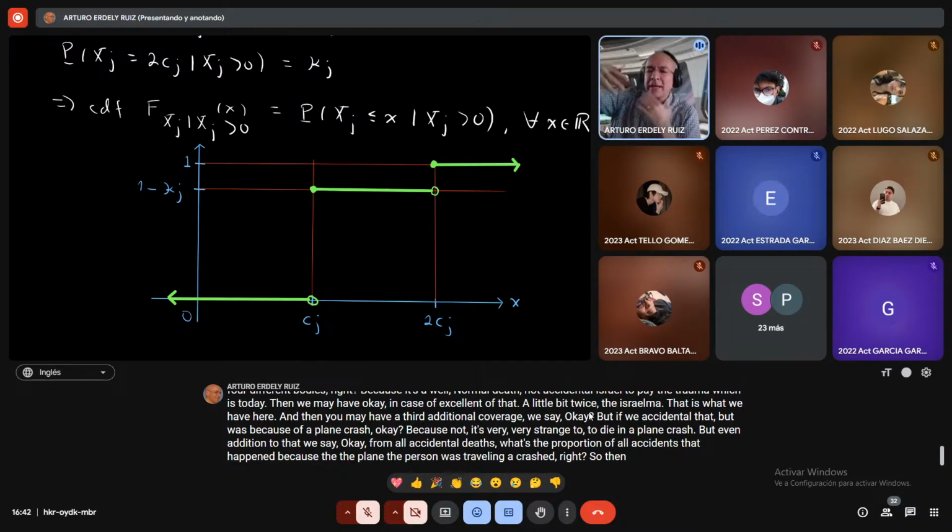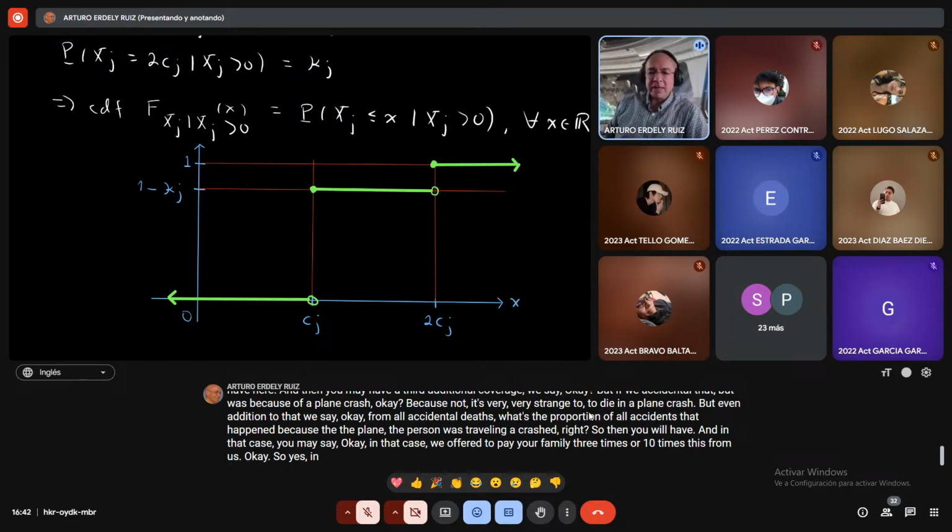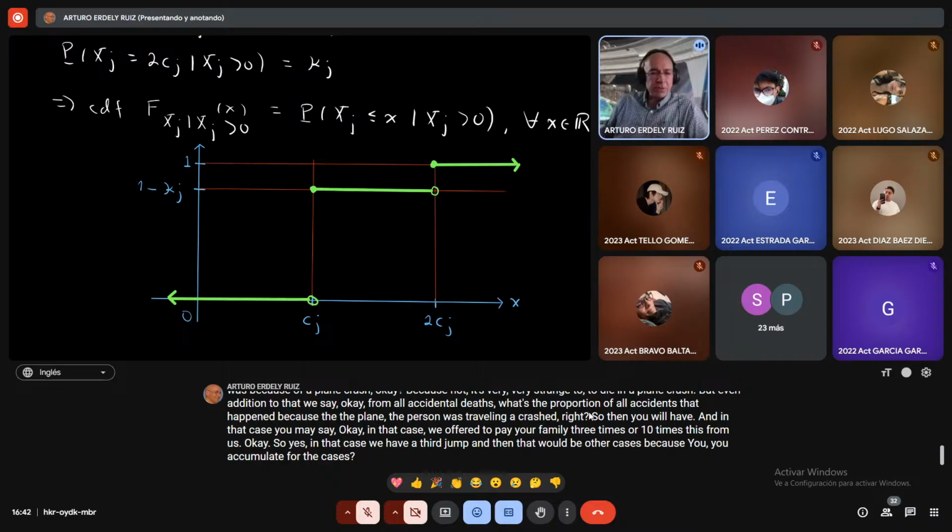In that case, we may offer to pay your family 3 times or 10 times the insurance amount. So yes, in that case, we will have a third jump, and then that will be all the cases, because when you accumulate all the cases, of course, you have probability 1. Is it clear? Yes.